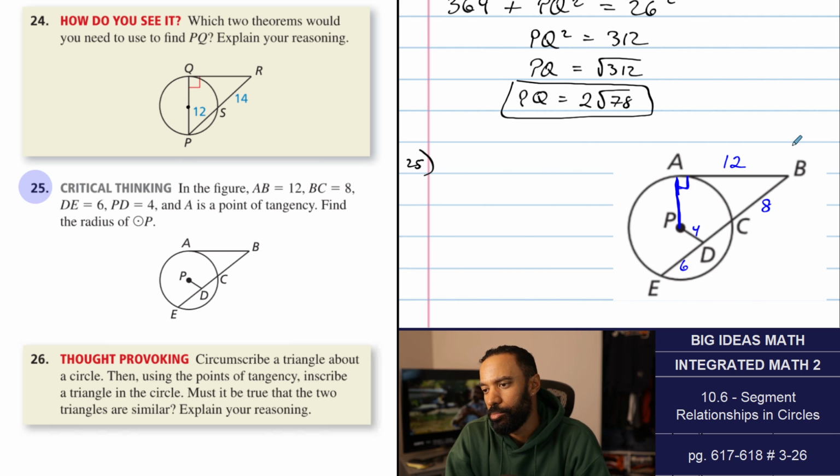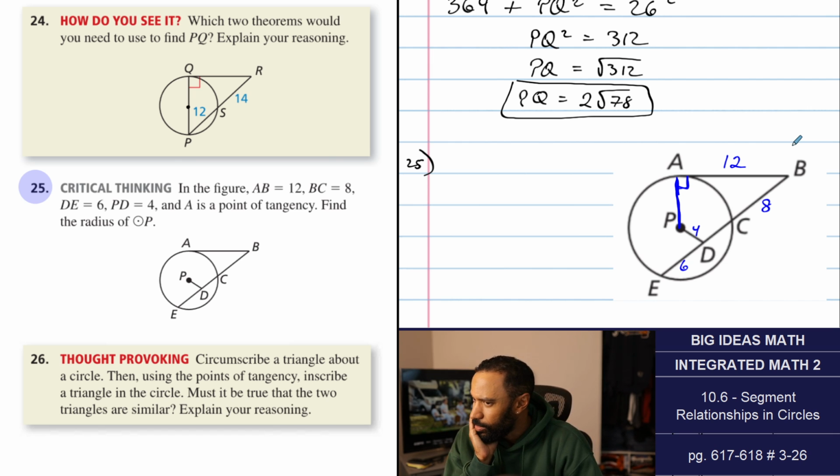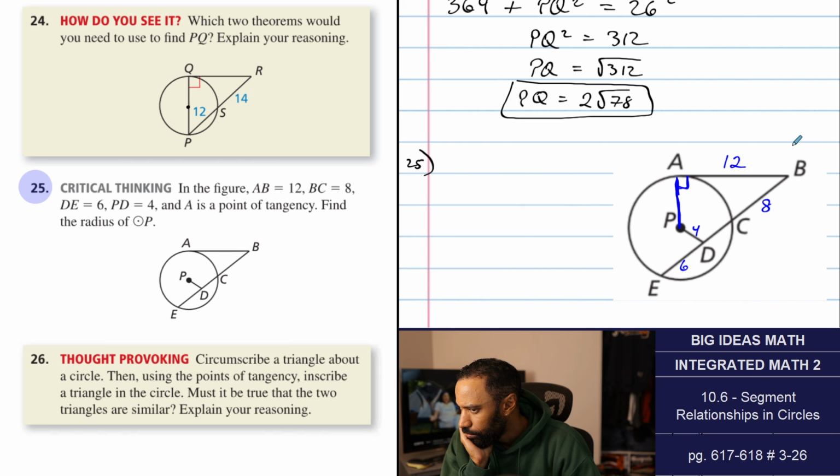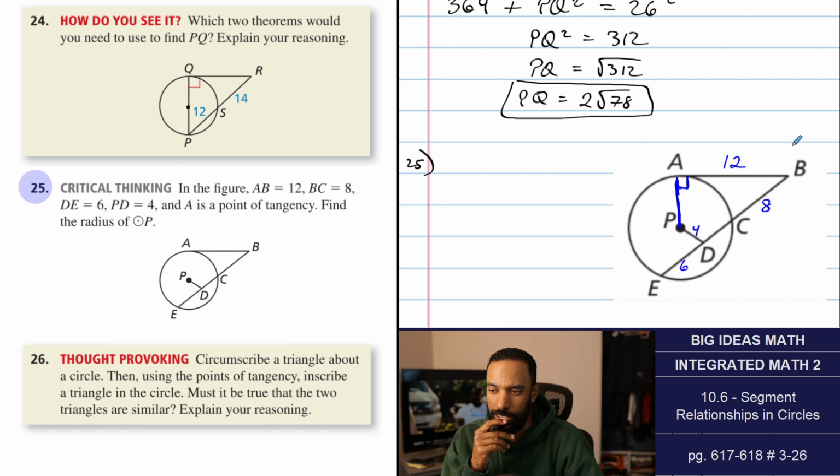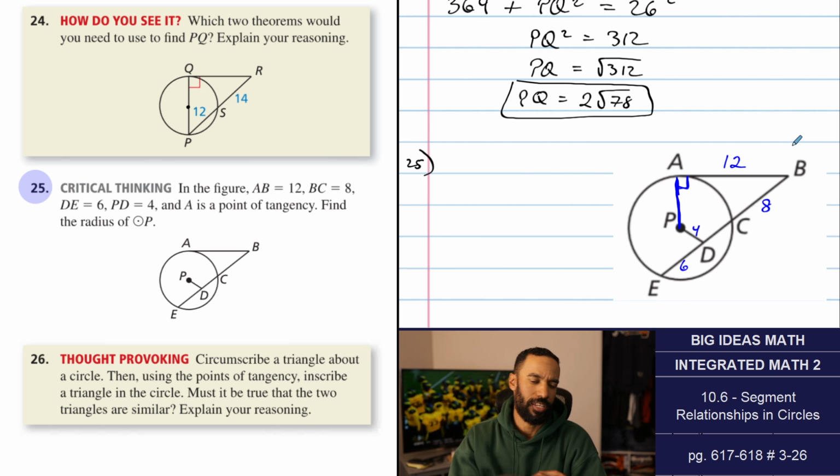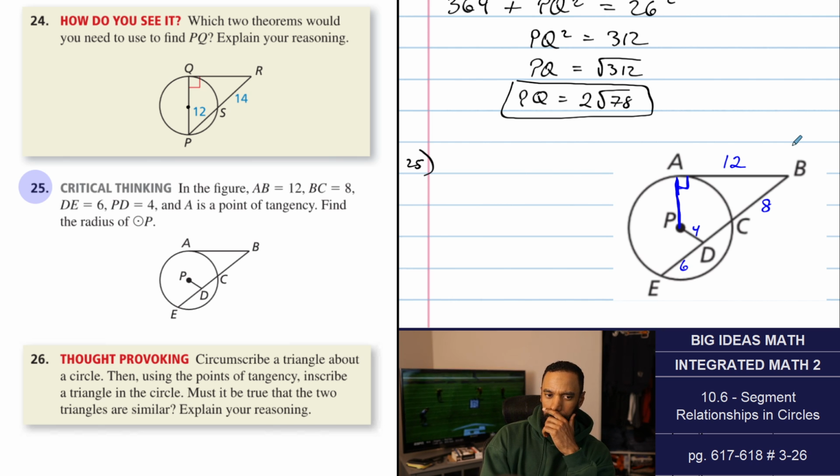I'm thinking in terms of the inside intersecting chords. How do I find CD? PD is 4. A is a point of tangency. That's not equidistant to anything, or a congruent chord or anything that I see. It doesn't say, once again, that it's congruent. Find the radius of circle P.